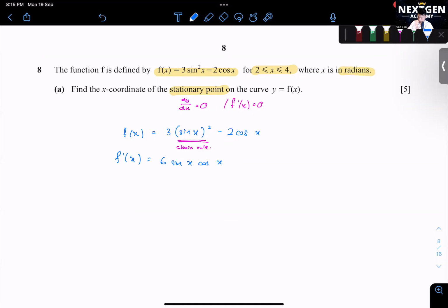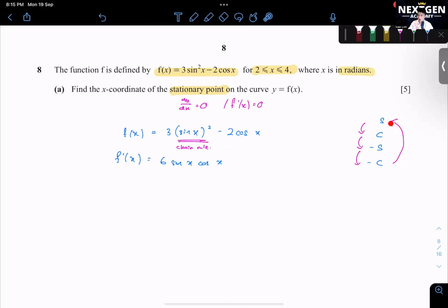The acronym is S, C, negative S, negative C. Go down, go down, go down, then after that, go up, like that. So sine, you differentiate, you get cos. Cos, you differentiate, you get negative sine. Negative sine, you differentiate, you get negative cos. Negative cos, go back all the way up again. So you see this one, negative cos, right?